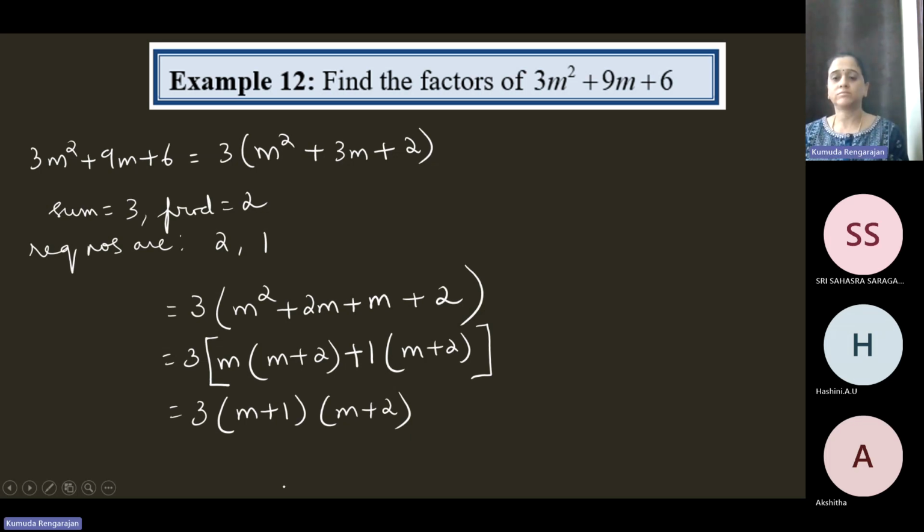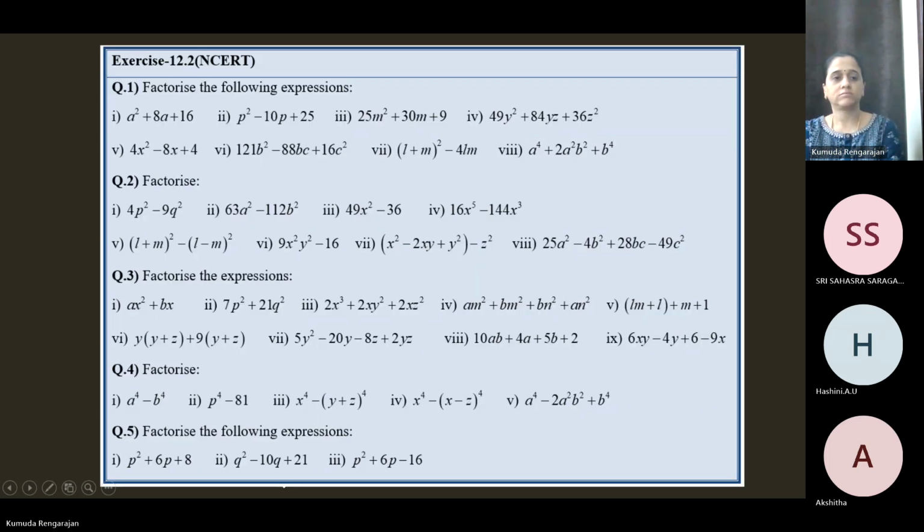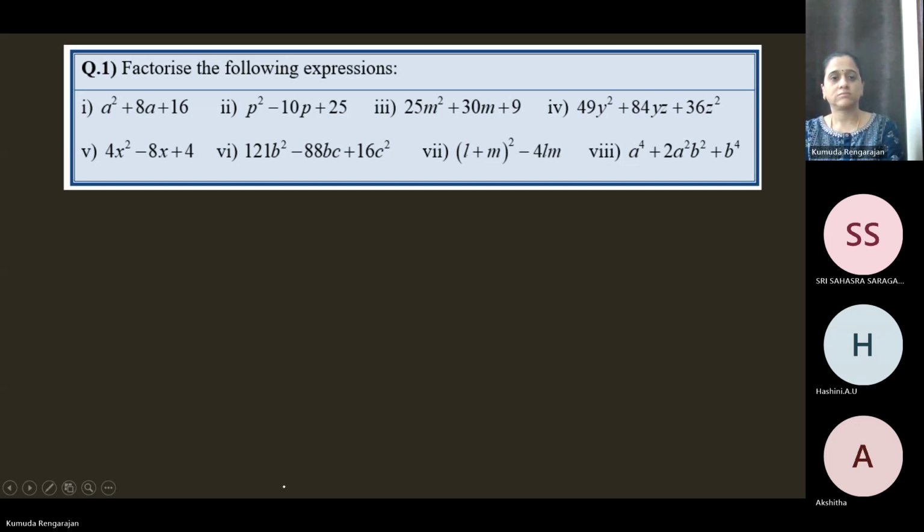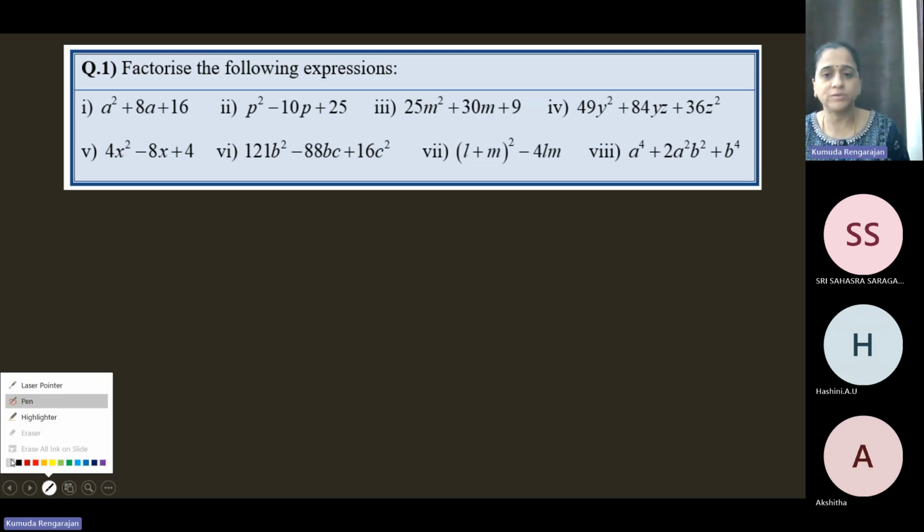Completed, all of you? Yes, ma'am. So here, all these expressions, you can factorize using the identity a plus b the whole squared or a minus b the whole squared.